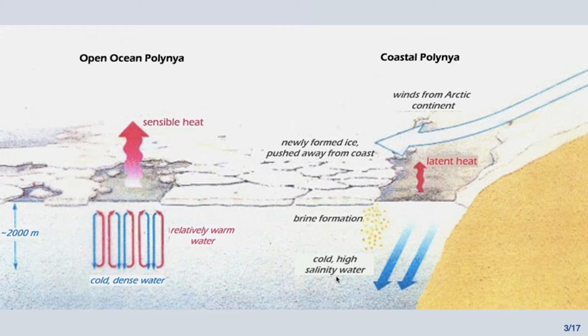So this water gets in contact with the atmosphere. It doesn't allow the sea ice to form around it. There are strong sensible heat flux exchanges with the atmosphere. And also there's a positive feedback because you bring saline, denser water to the top. So these are the two main mechanisms for these two different polynyas.